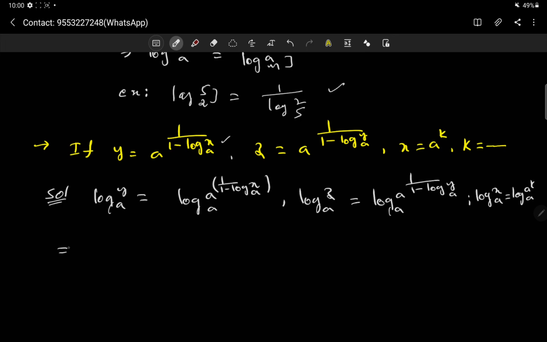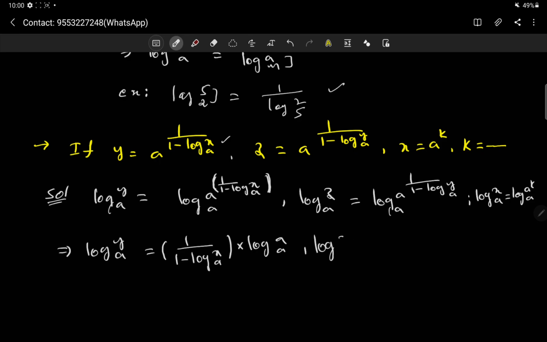So from this we have log y base a is equal to 1 by 1 minus log x base a, into log a base a, which is 1 only.